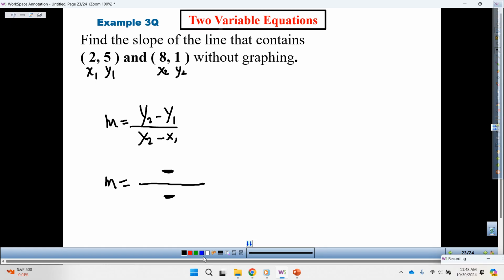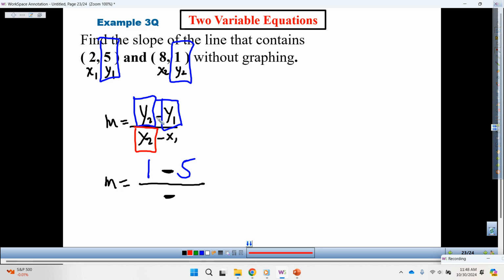So I'm going to use colors to stay organized. Ready? Here it goes. y sub 2, which is what? 1, minus y sub 1, which is 5. Let's go to x.